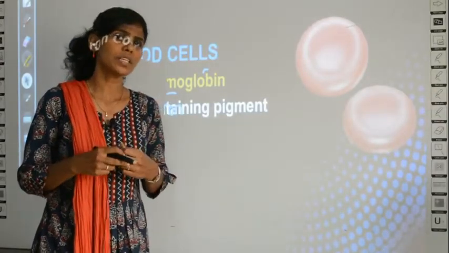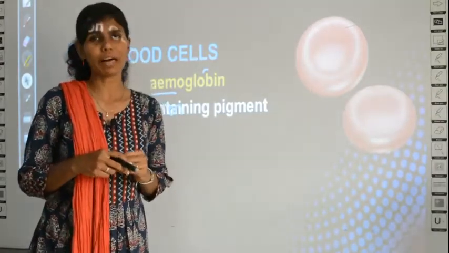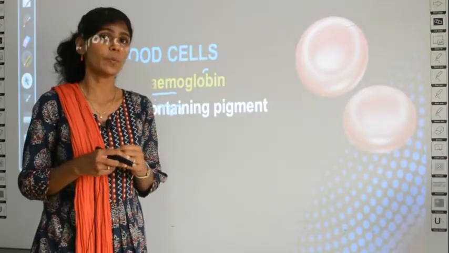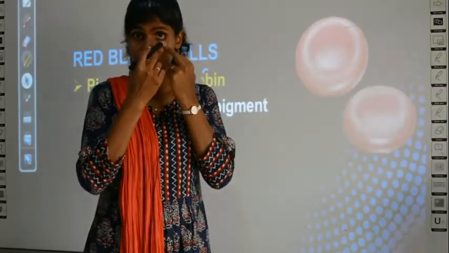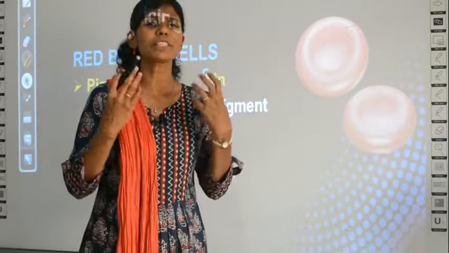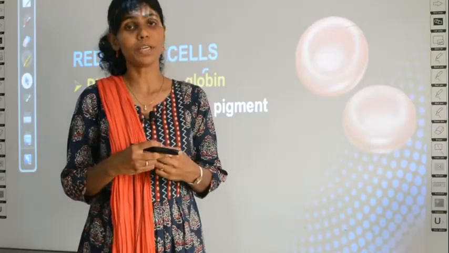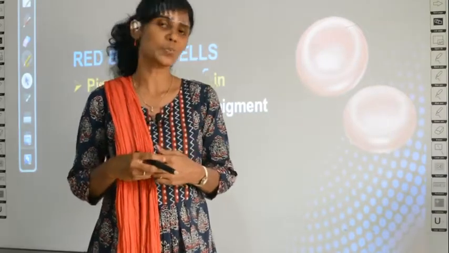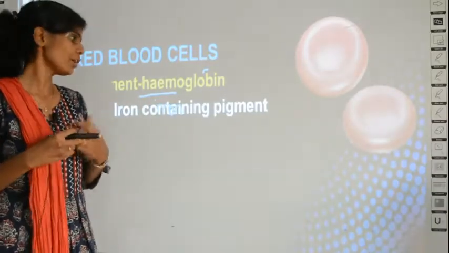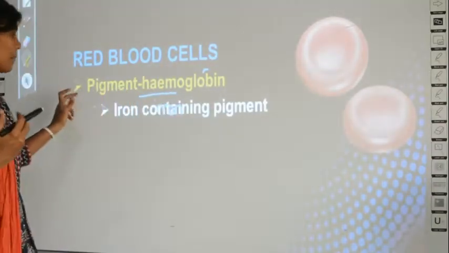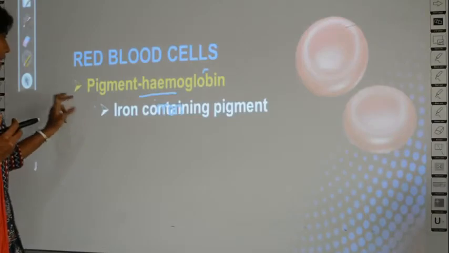If you have fewer RBC cells, how do you know? If you go to the doctor, he will check below your eyes to see if it is red in color, or for some people it is pale in color, which means the hemoglobin content is very low. Then you can take liver or dates, and you will get back the normal levels of hemoglobin.